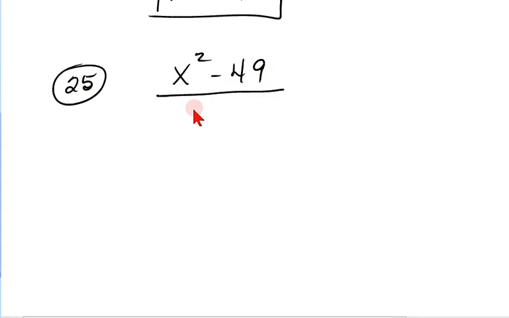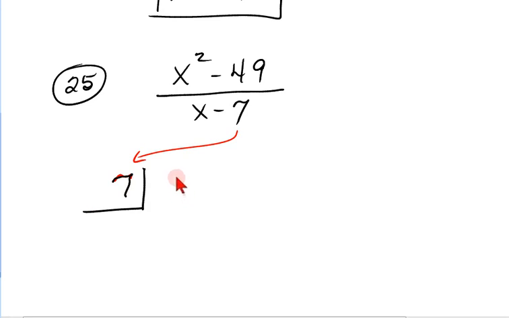Okay, 25, last one. On the paper, it shows x squared minus 49 over x minus 7. Synthetically, what are you going to divide by? 7. Okay, it is a negative 7, so I put positive 7. What are we going to divide into?